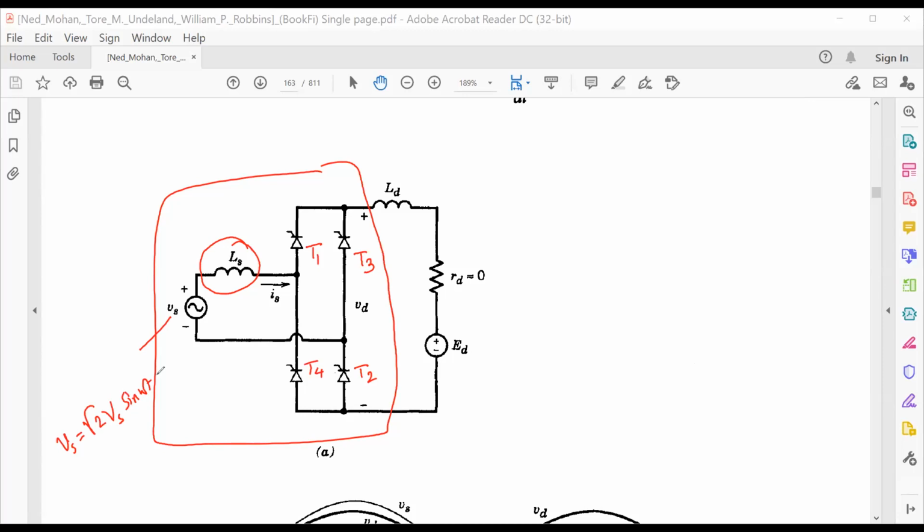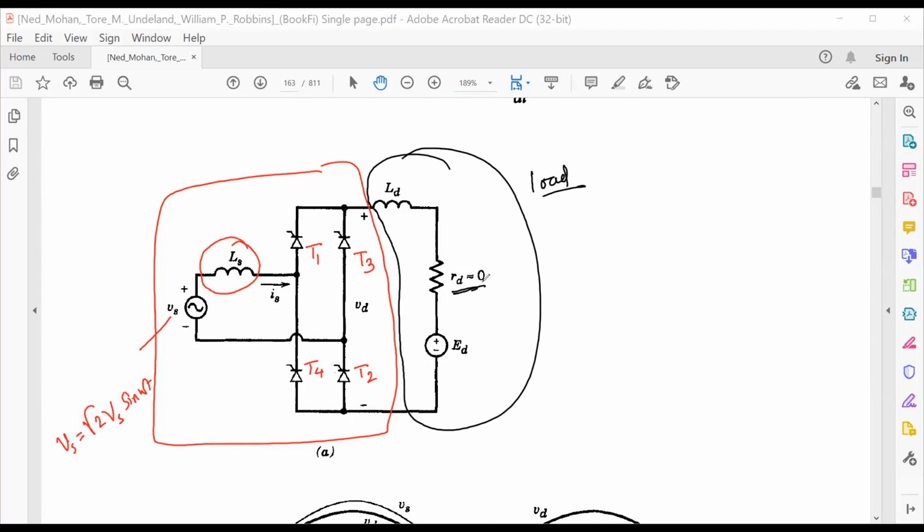And the right side part is the load. What type of load could it be? RL load. Although we have taken the resistance very close to 0, there could be a resistance also. Okay?